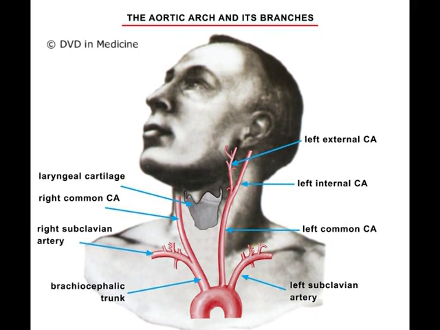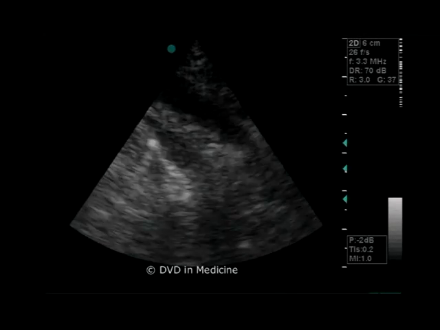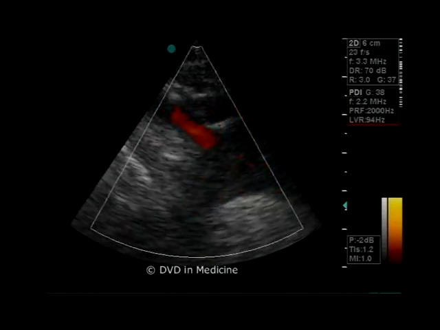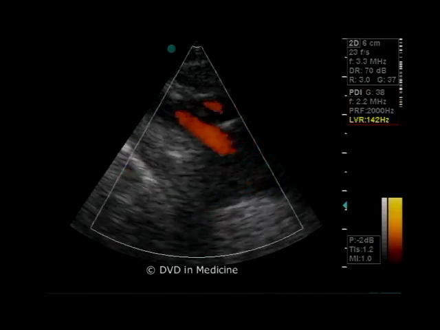In addition, one can visualize the place of origin of the right and especially of the left common carotid artery. In most cases, this visualization is not possible with the linear transducer.